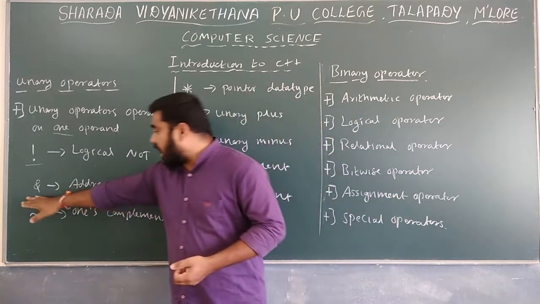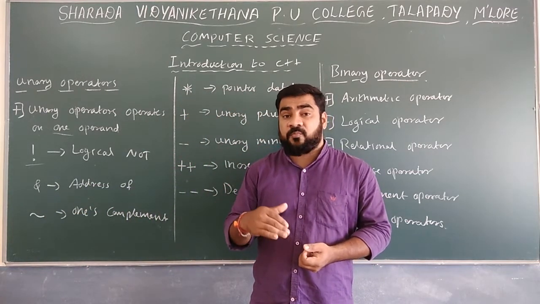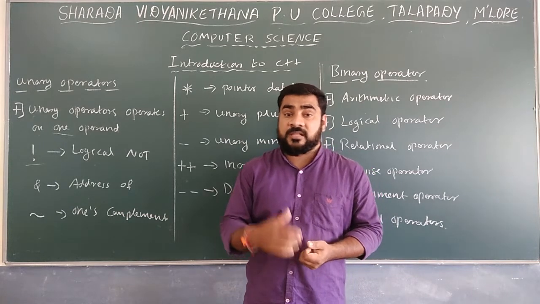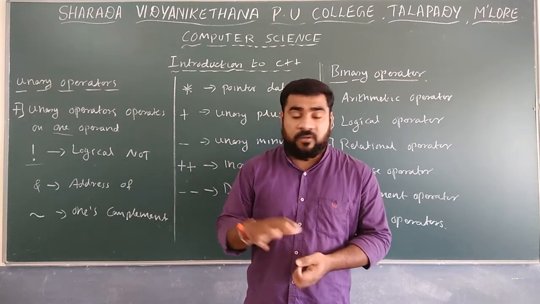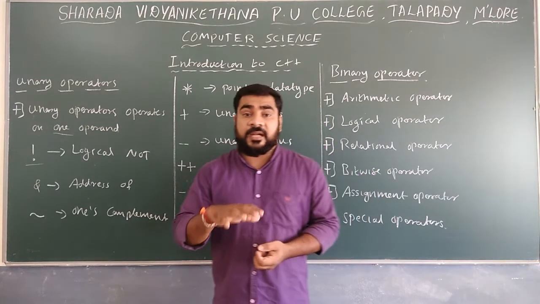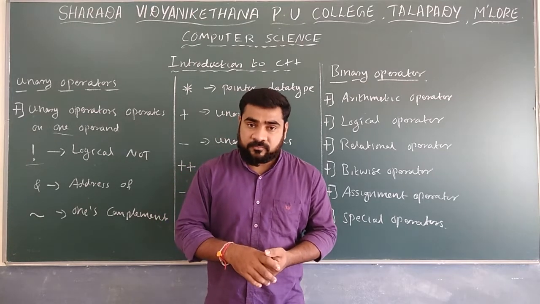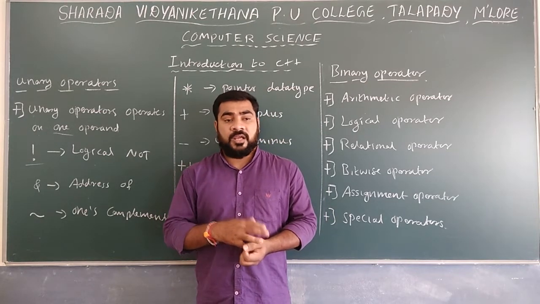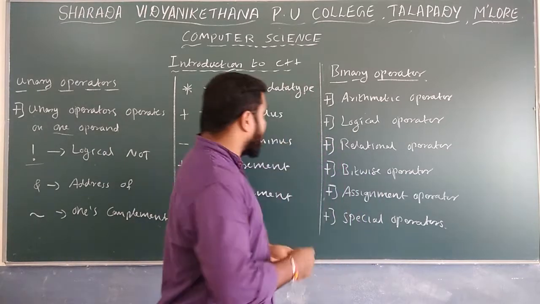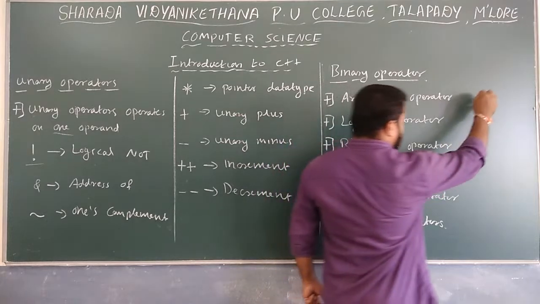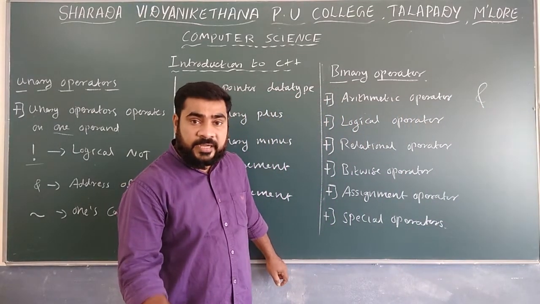Next is the AND symbol, the second one you can see here. The AND symbol is mainly used to perform the AND operation. It is also known as the address of operator. If you store data in a system and you want to know the address of a particular variable, then we use the address of operator.